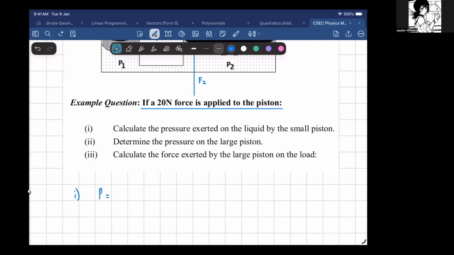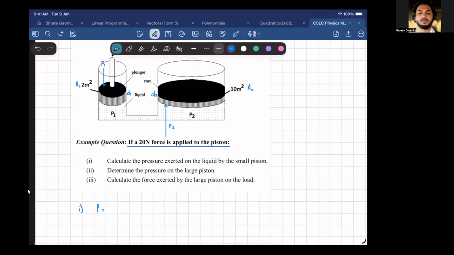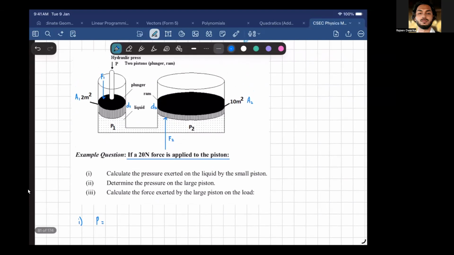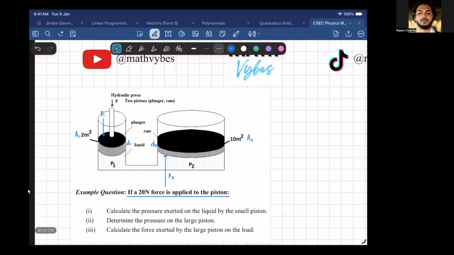Where P2 equals F2 over A2. Okay, wait. Both of those formulas are the same thing. The reason I said P1 and P2 is that one was for the first pressure, one was for the second pressure. So Jaden, if we are talking about the pressure for the small piston, do you think that's P1 or P2?